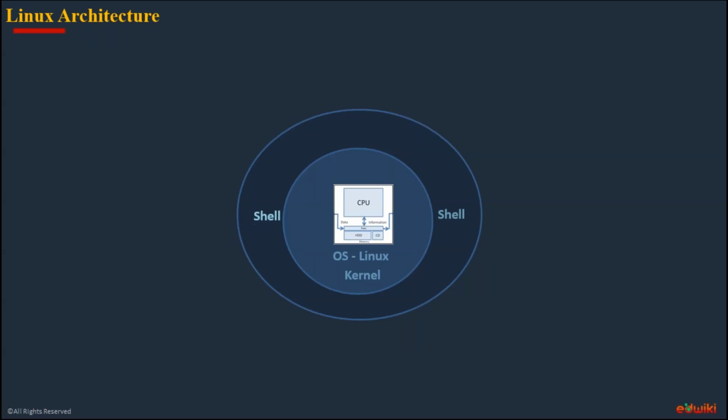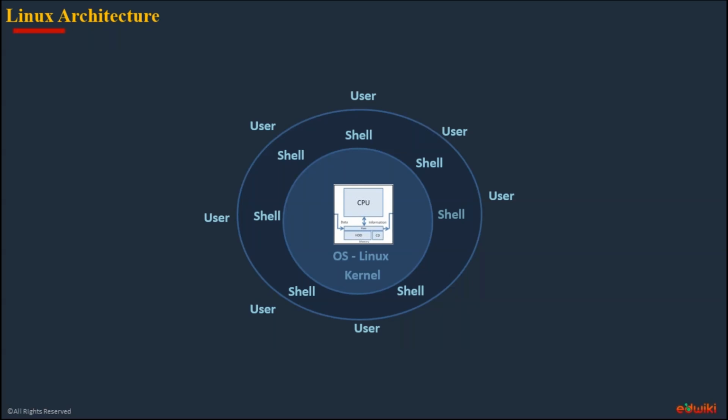There are multiple shell softwares available within your Linux operating system. All these shell softwares are responsible for taking the request from the user and translating that request to the kernel in an understandable language. Let's say you are a user and you want to do something on your Linux machine, right?